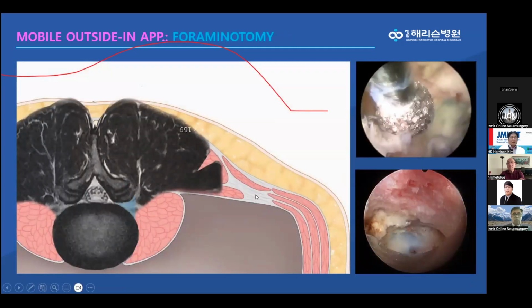Then we insert the working channel, and if we need access to the target point, sometimes we make a parametromy. This parametromy is also a very important step in the mobile outside-in technique. Some doctors use blind procedures; I always use a diamond bur drill.